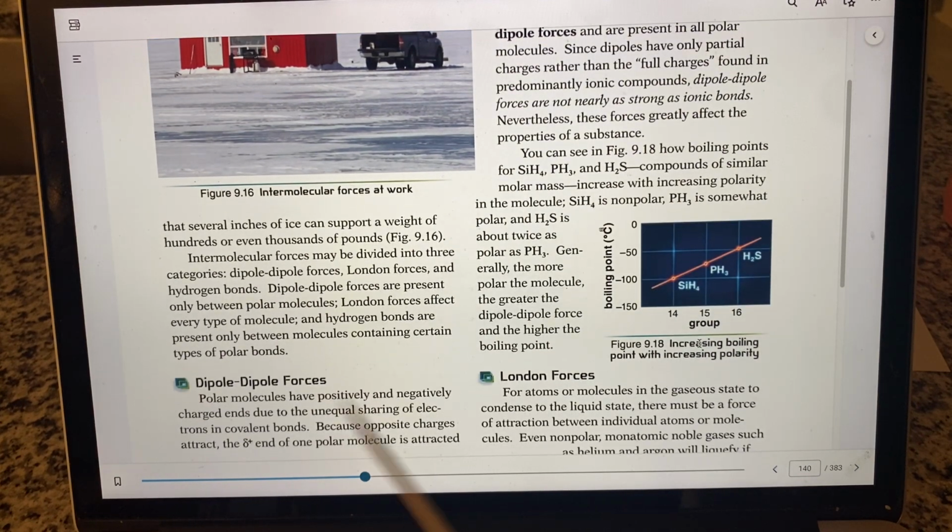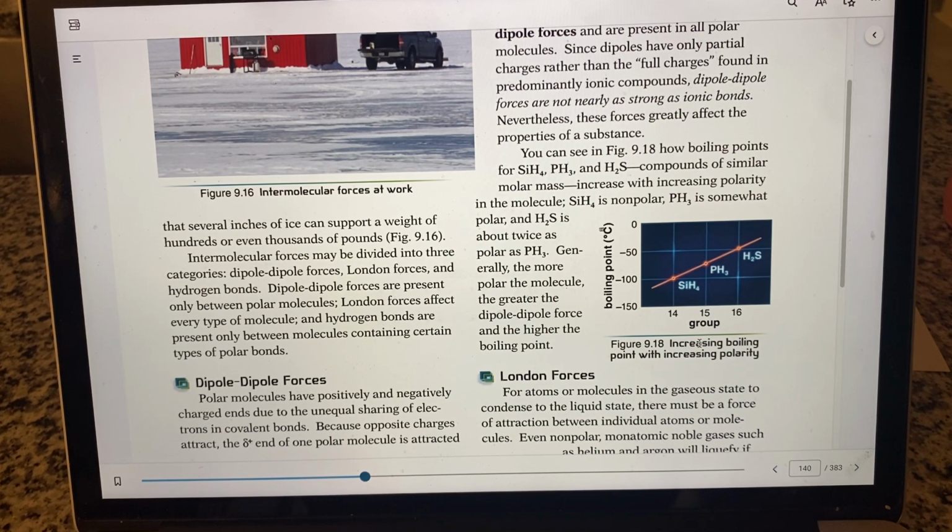So now we have this picture. We can see the boiling points of 3 different compounds of similar molar mass, with increasing polarity in the molecule. Generally, the more polar the molecule, the greater the dipole force.